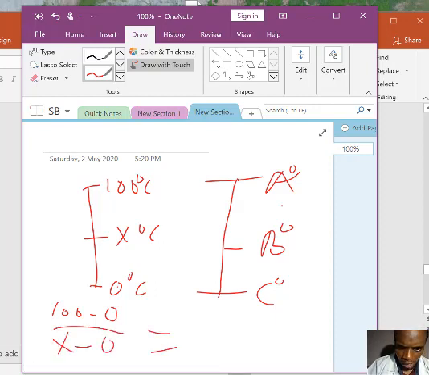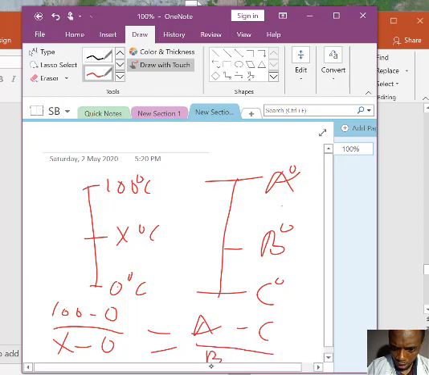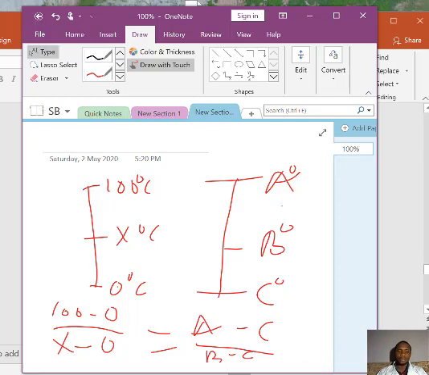You follow the same process here: A minus the lower point C, all over B minus C. So this is what we are going to have as the conversion.